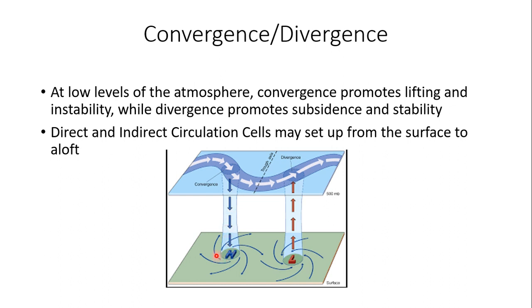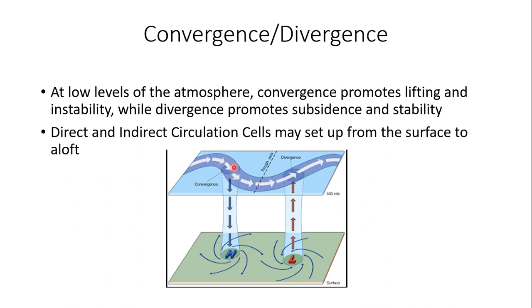Now let's examine the high pressure system over here. In this case, look at the blue arrows. The air is moving clockwise and outward away from the center of the high pressure at the surface. This is an example of low level divergence. Now, as the air spreads out at the surface, the air from above comes in to replace it. So higher up in the atmosphere, you have a sinking air motion all the way down from the upper atmosphere to the surface to replace the air that is diverging or moving away from the center of this high pressure.